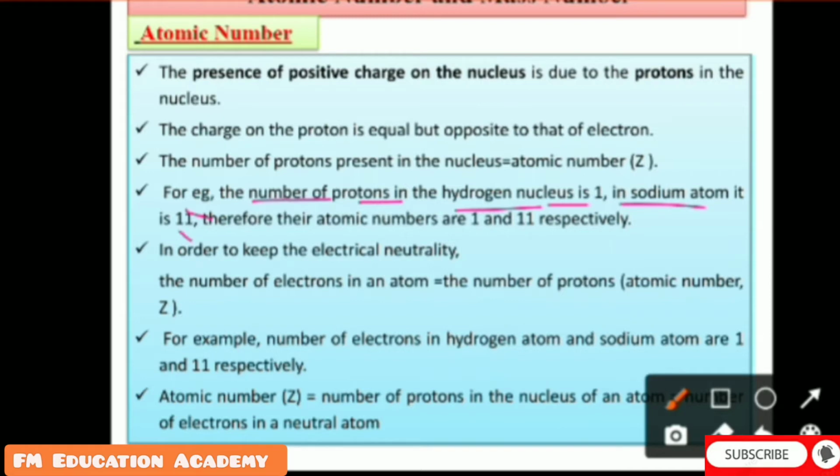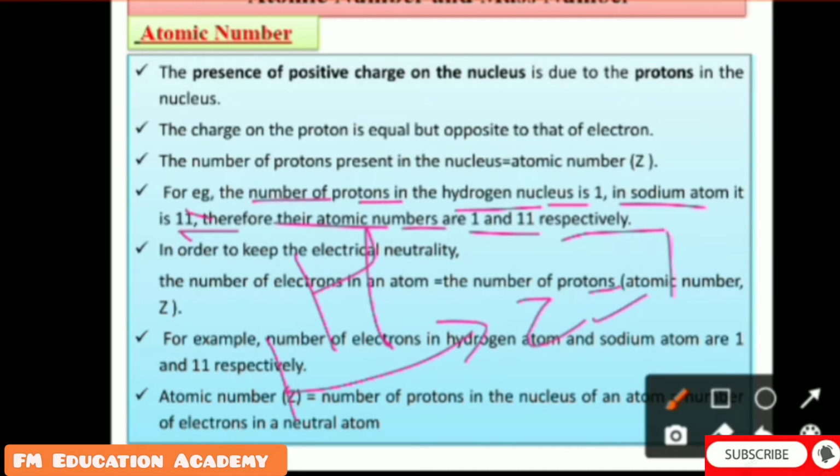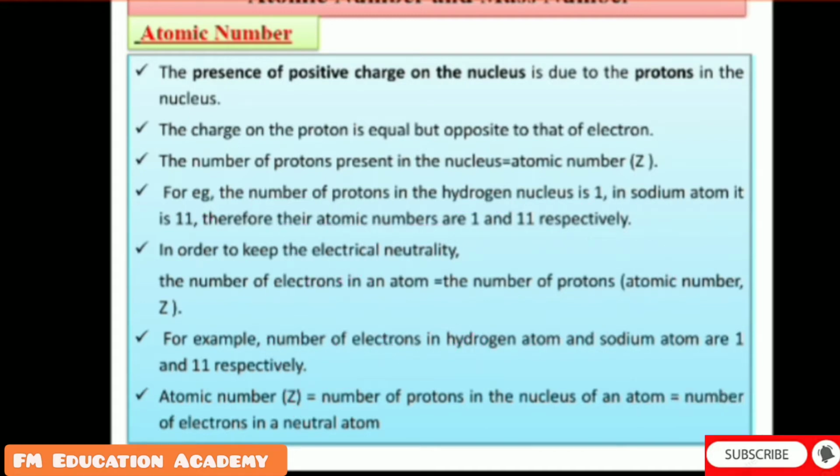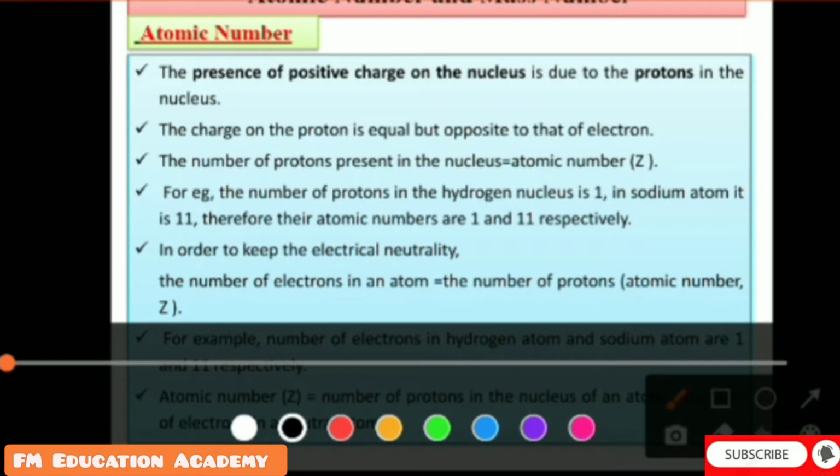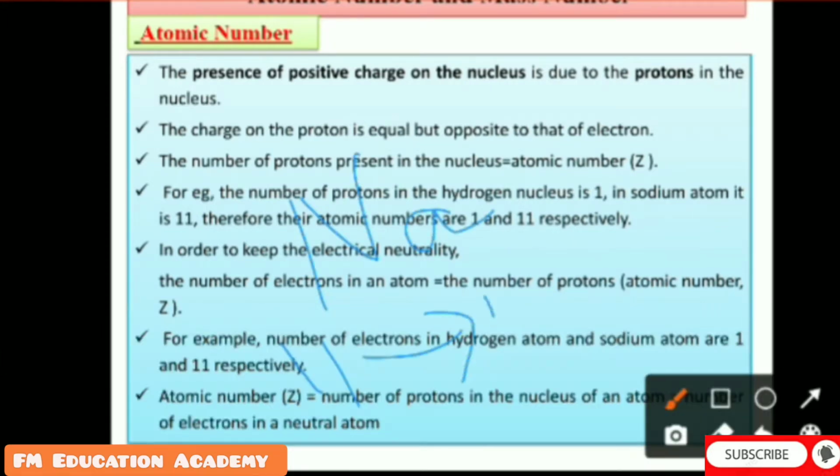In the sodium atom it is 11. Therefore, the atomic numbers are 1 and 11 respectively. That is, in hydrogen, the number of protons is 1, so the atomic number will also be 1. And in sodium, the number of protons is 11, so the atomic number will also be 11.